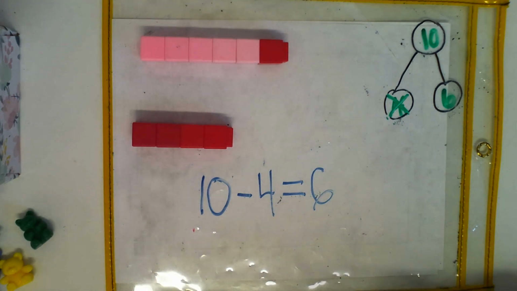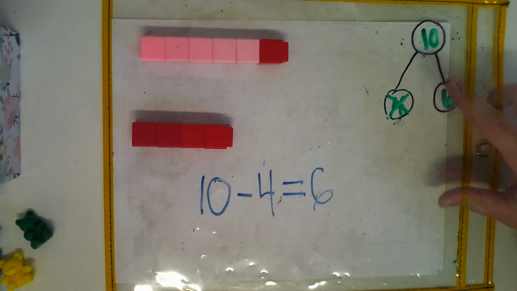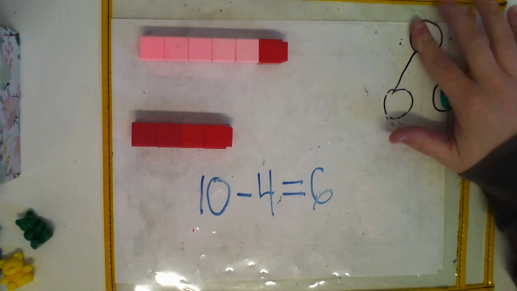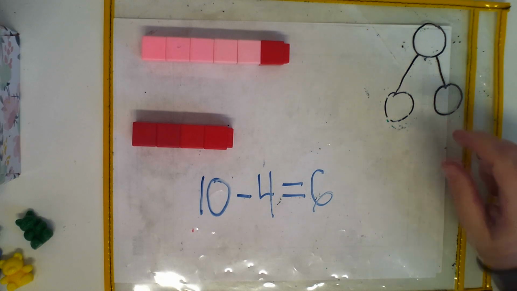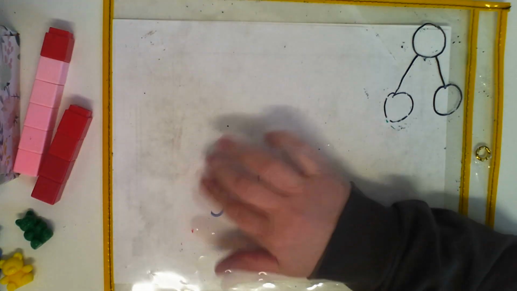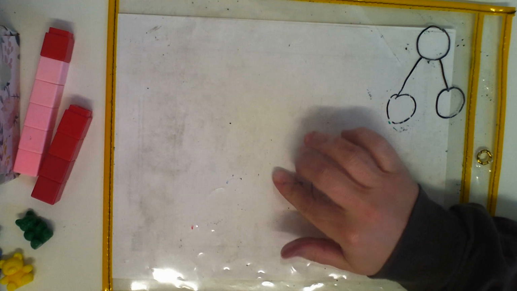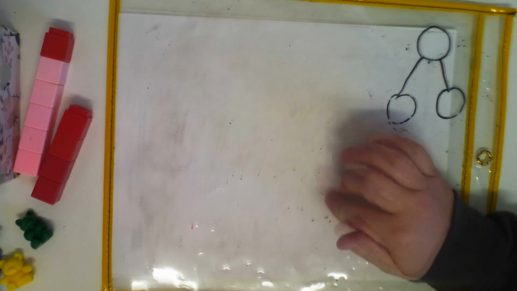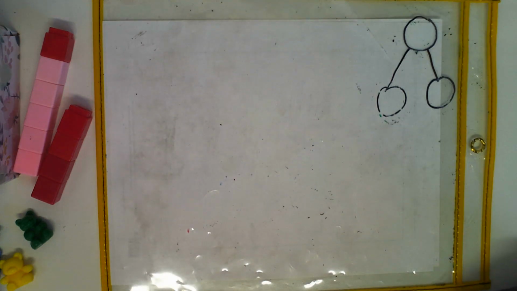This time we're going to be drawing. You're going to need to have your number bond, and if you have a number bond drawn on yours, that is fine too. All right. Let's listen to my problem. It says, Ellie has 9 grapes. Can you draw the grapes on your board?